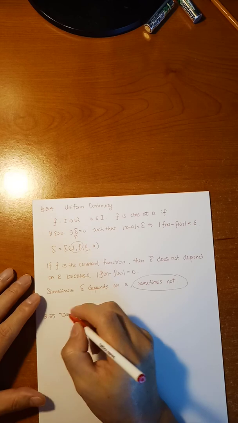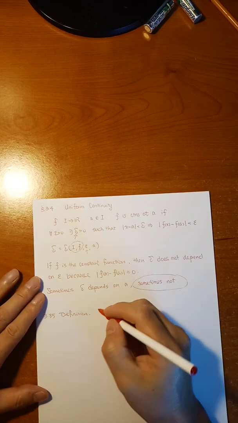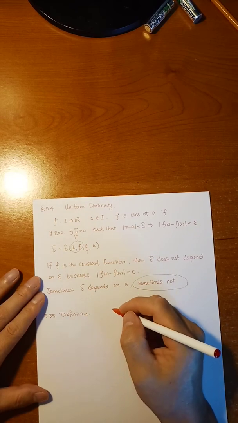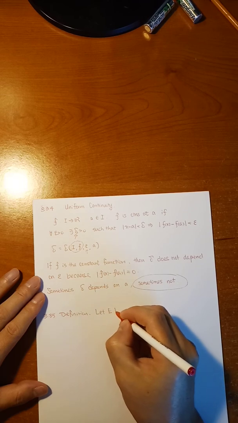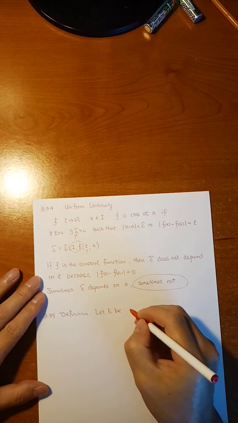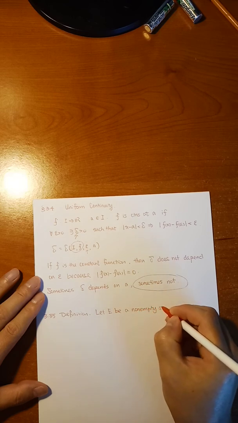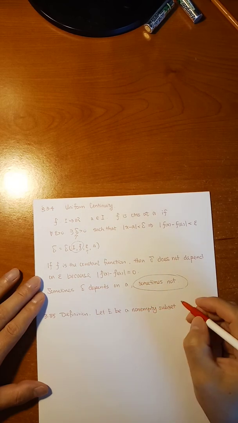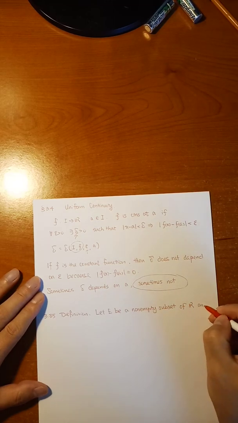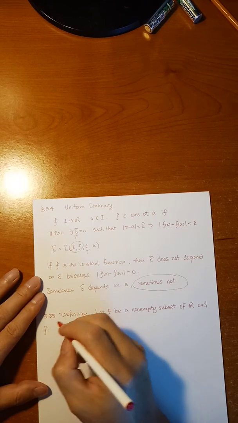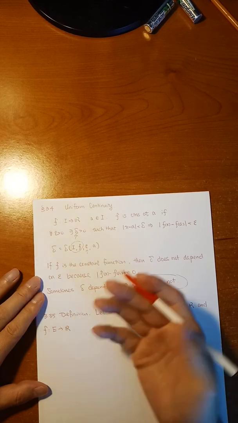So, definition 3.35. Let E be a non-empty subset of R, and f from E to R a function.